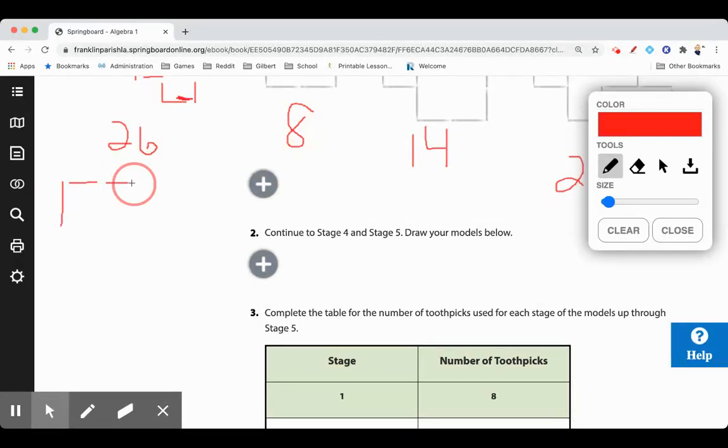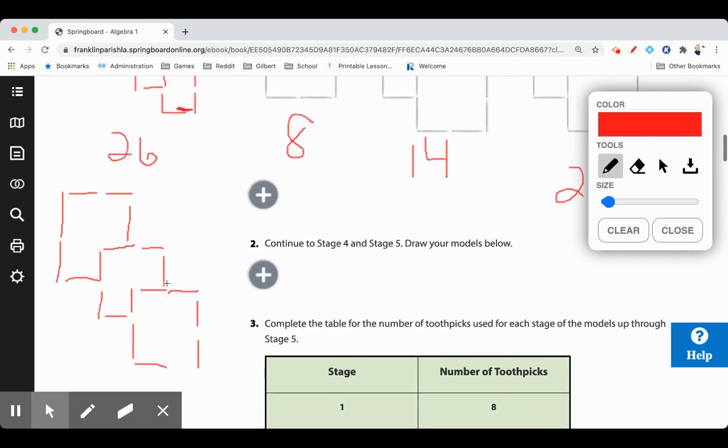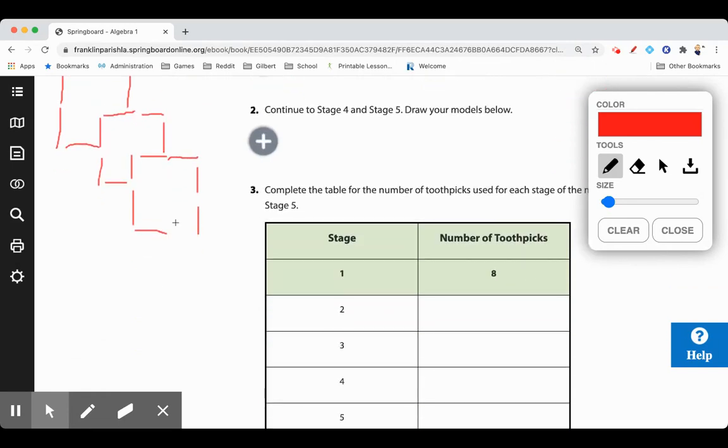Let's see. This is going to take a minute. What did it have? That had 4 boxes, so this next one's going to have 5.